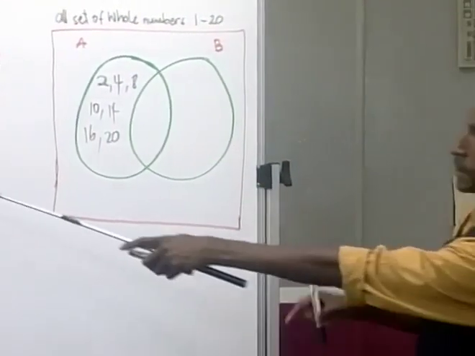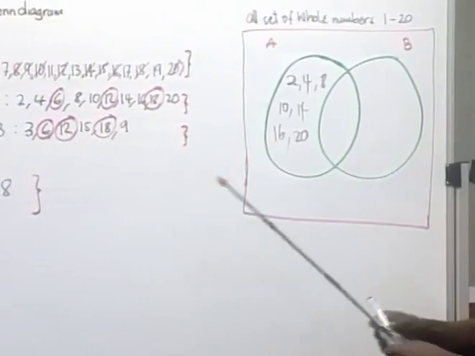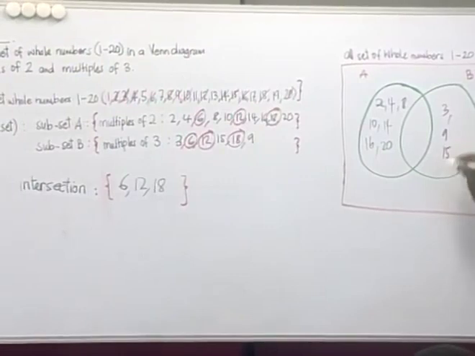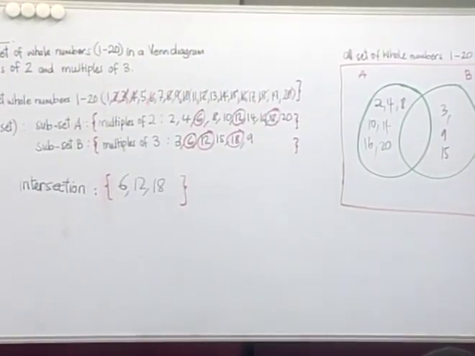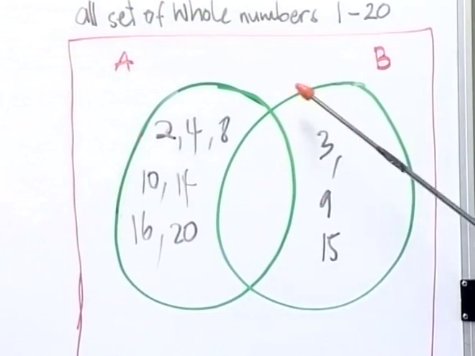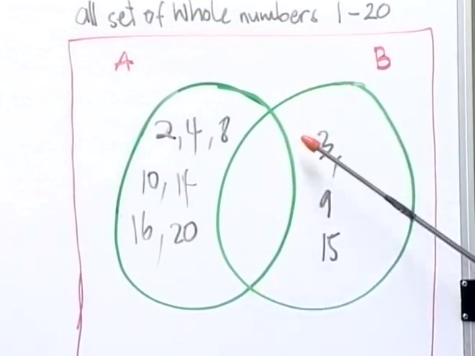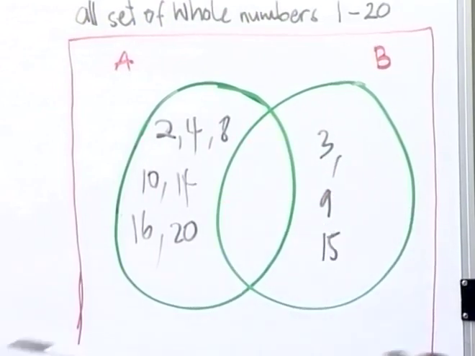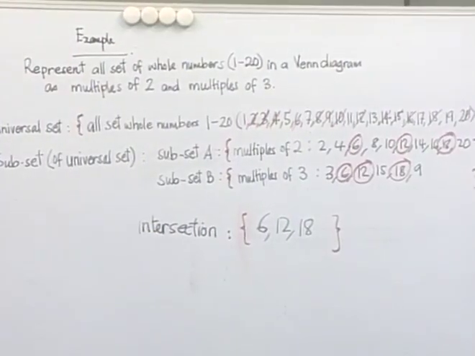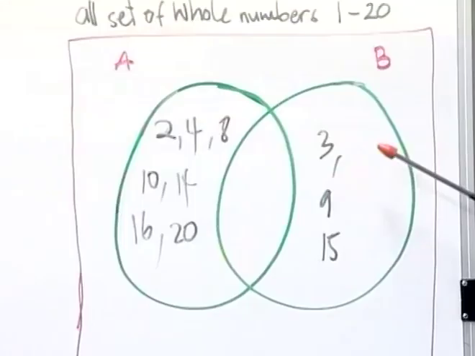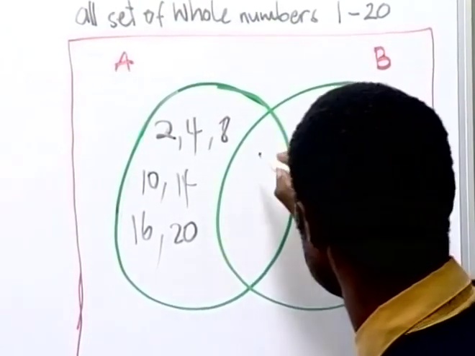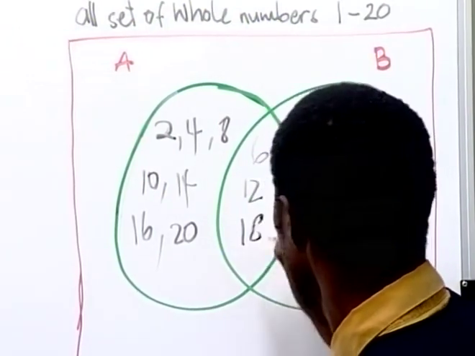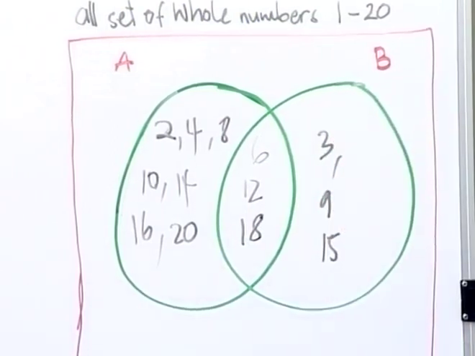Multiples of subset B: 3, 9, and 15. What numbers will go in here? 6, 12, 18. Okay, 6, 12, 18 are intersections which are common in multiples of 2 and multiples of 3. Is that all?